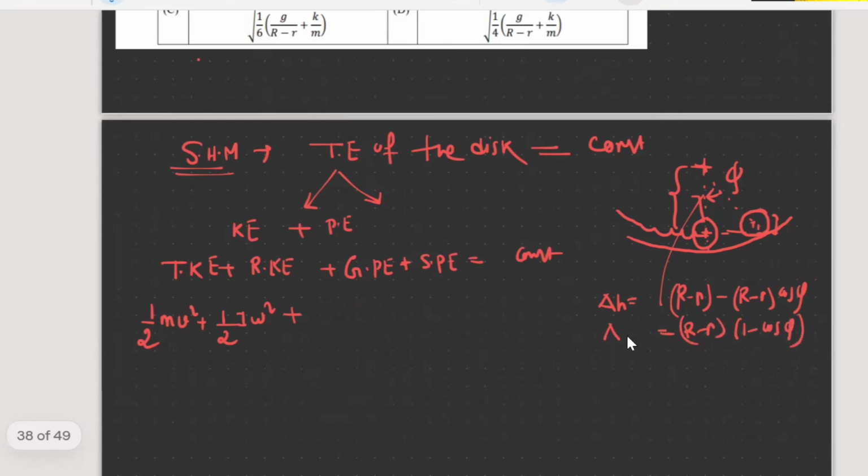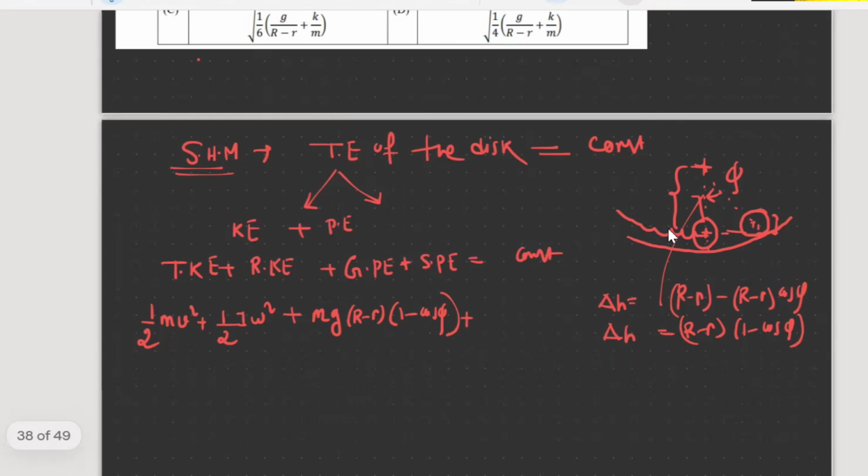That is the vertical distance for phi angular displacement with respect to the ring center. So we can write the gravitational potential energy is mg delta H, that is mg (capital R minus r)(1 minus cos phi). Now we'll come to the spring potential energy, that is half of k times the spring extension or compression square.